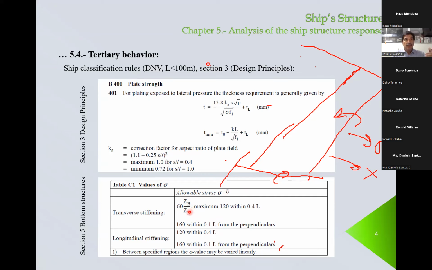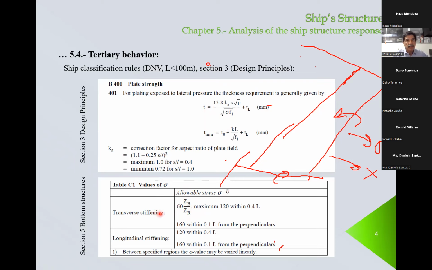So if you reduce the primary stress, that means that you could increase the secondary or tertiary, in this case, tertiary stress. That's what we're saying here, right? So if you have Z B over Z R, okay, higher, that means that you could increase this value, and that's the allowable value for sigma. If you increase sigma, that means that you could reduce the thickness T. Okay, so that's a very interesting thing.